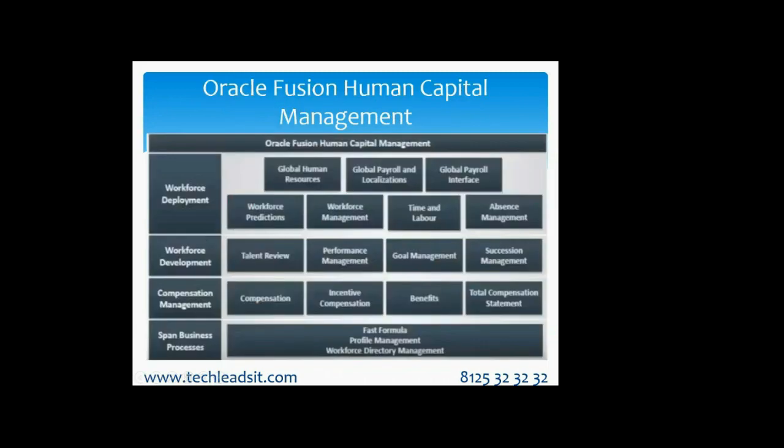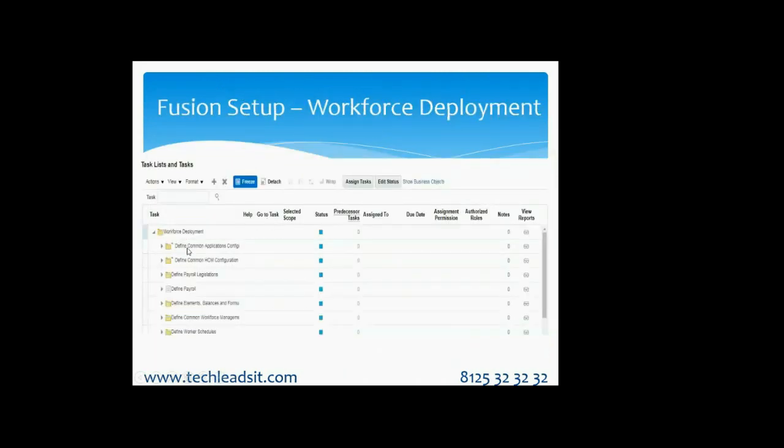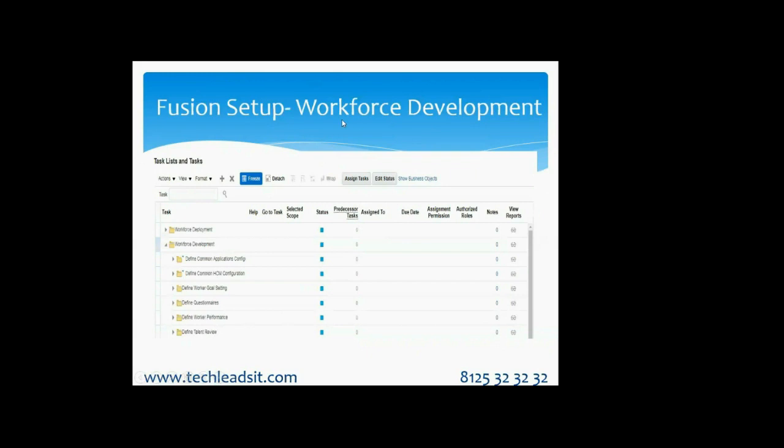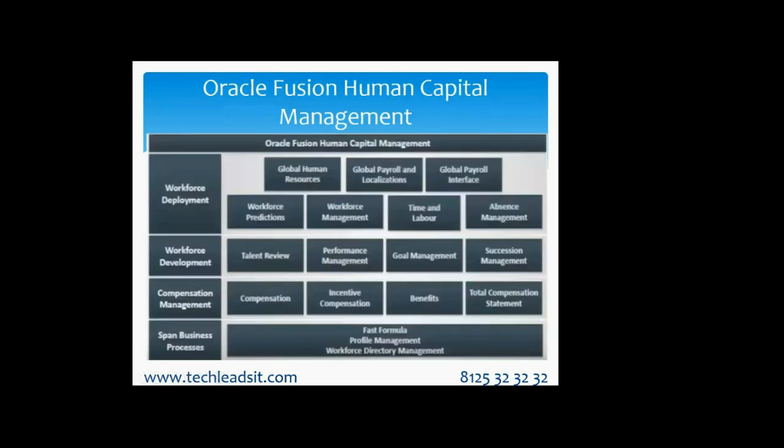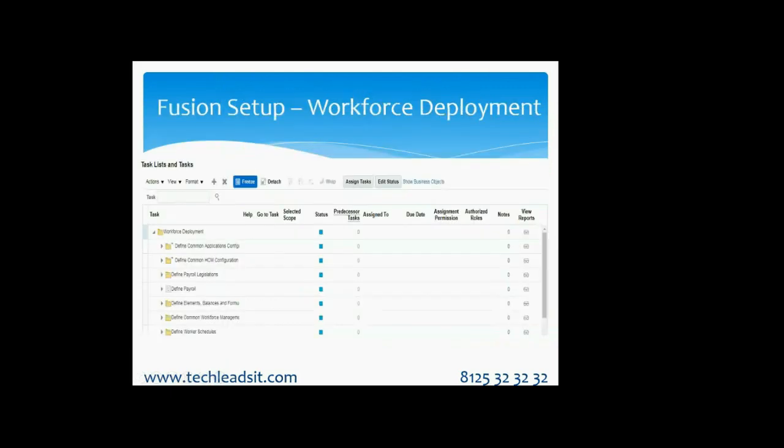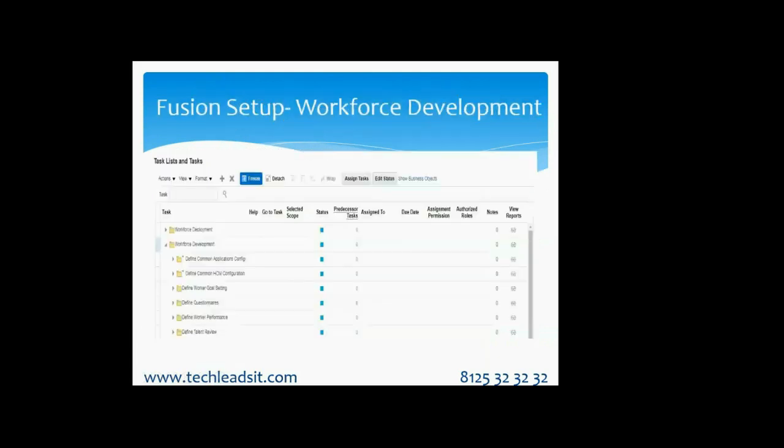If you remember, these are the different modules, and you'll have those different folders and subfolders here. And when it comes to workforce development, you'll have talent review, performance, all these things here. If you go back to workforce deployment, similarly you'll have compensation management.